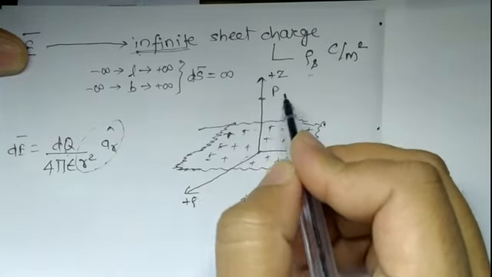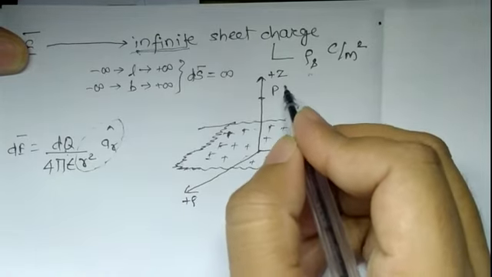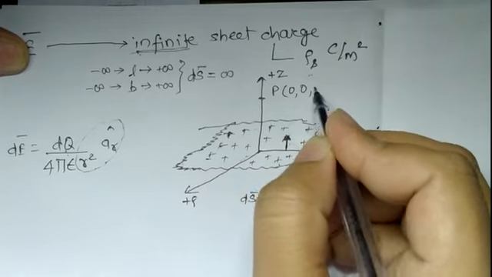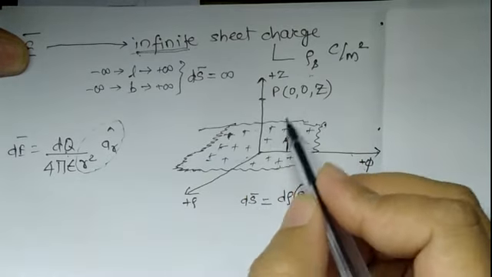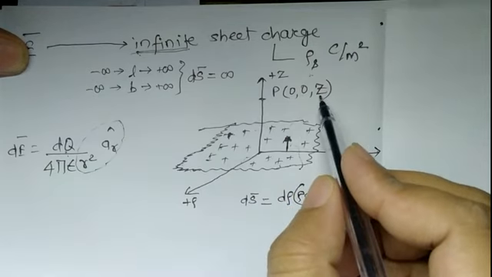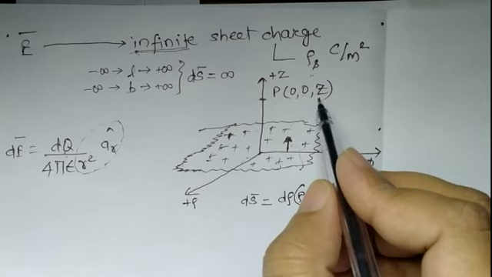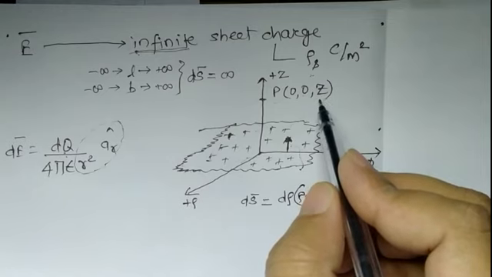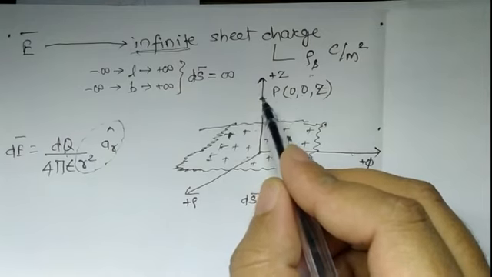Since this point is along the z axis, we can say that the coordinate of this point will be 0 0 z, because its rho value will be equal to 0, its phi value will be equal to 0, and therefore the point P has only a z coordinate. Okay, so this is the point P.